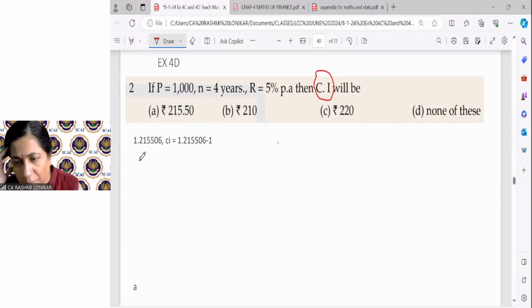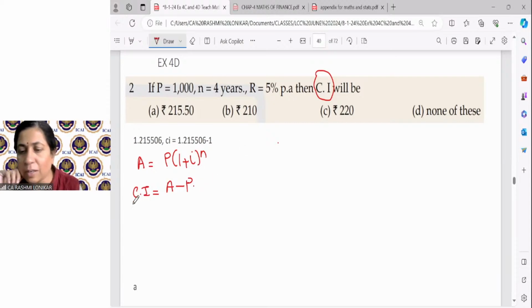Usually my formula for compound interest is A is equal to P into 1 plus I raised to N. So what will be my compound interest? It will be A minus P. So let's see how much this will be. This will be equal to P into bracket 1 plus I raised to N minus 1.